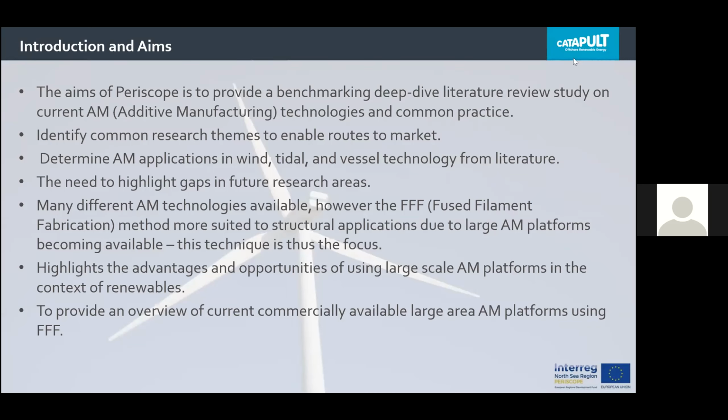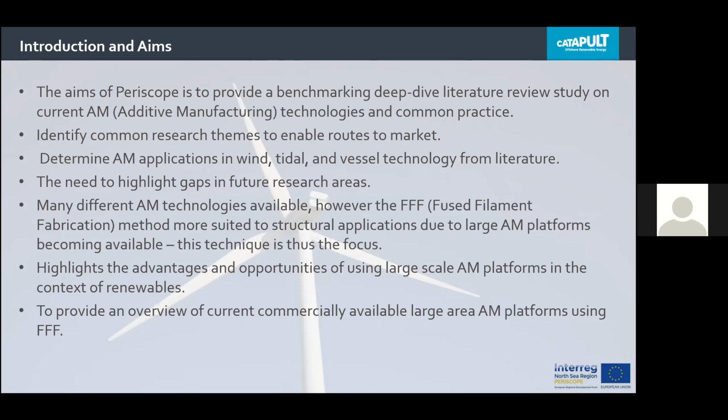So what's that saying? The aims really were to do a deep dive into the literature, see where the current state of the art is, and the types of common practices that people are carrying out. It's more of a taking stock exercise: current state of the art, where the gaps are, and to identify common research themes that facilitate the route to market using additive manufacturing.